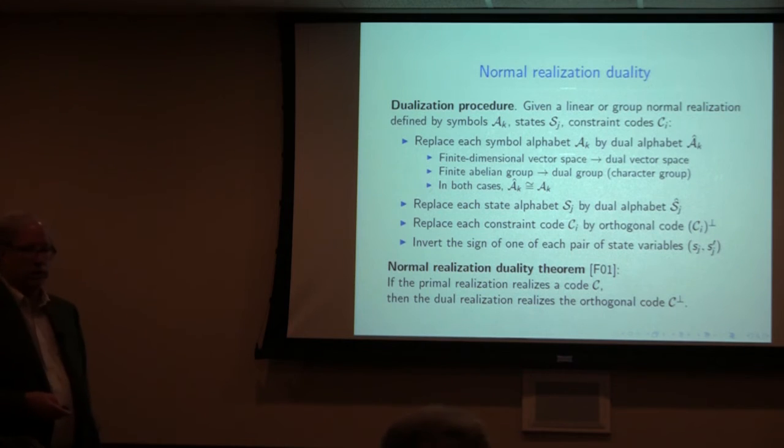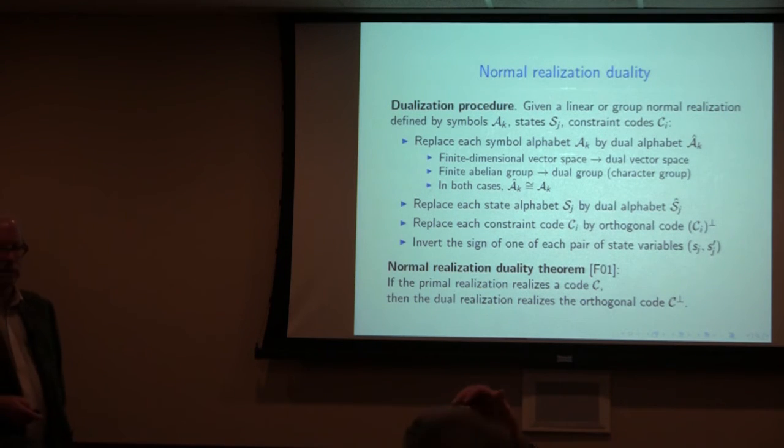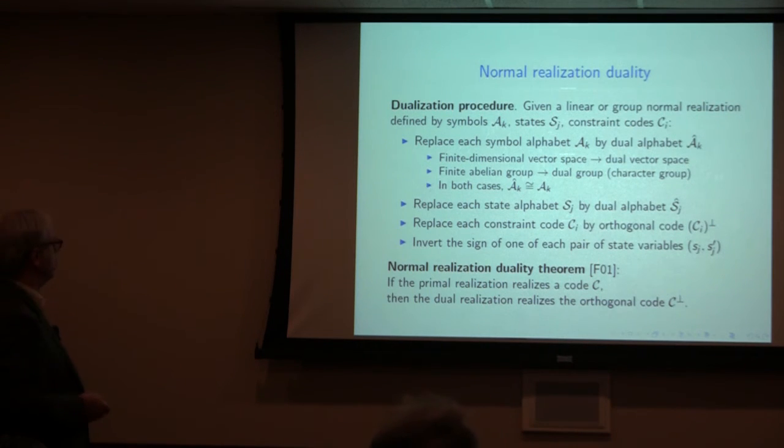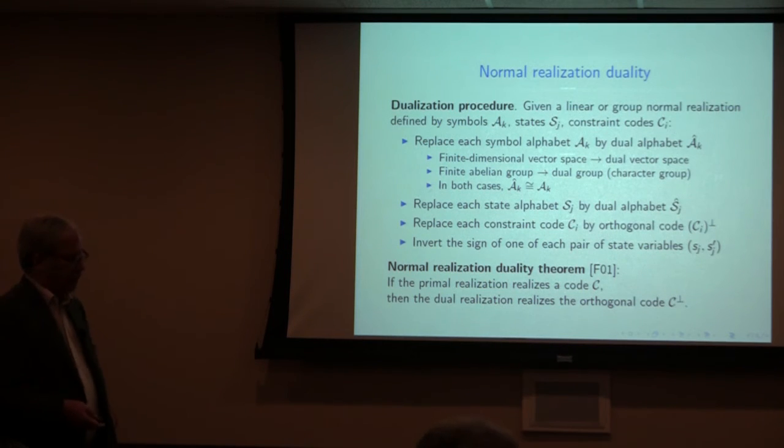There's a beautiful duality theorem that I haven't emphasized today, but really I take as a starting point for all this work. If we dualize the picture, and how do we dualize it? We replace each symbol alphabet by its dual alphabet, which in the vector space case is a dual vector space. Typically it's F to the n, its dual is also F to the n, or if it's a finite abelian group, the dual group is its character group.